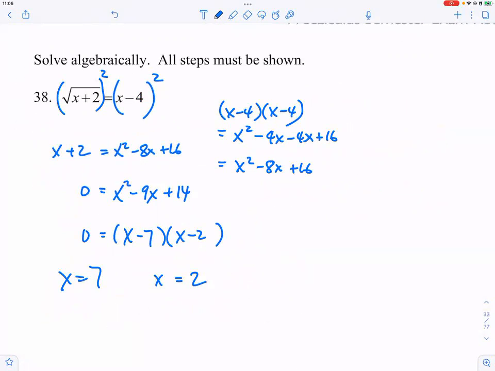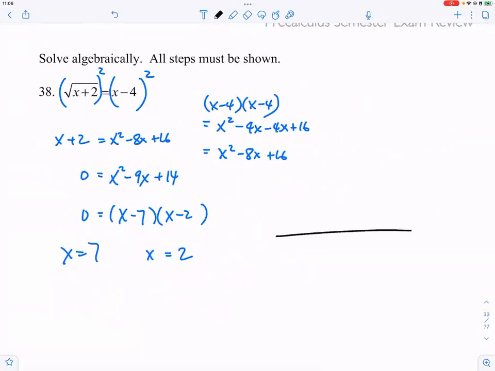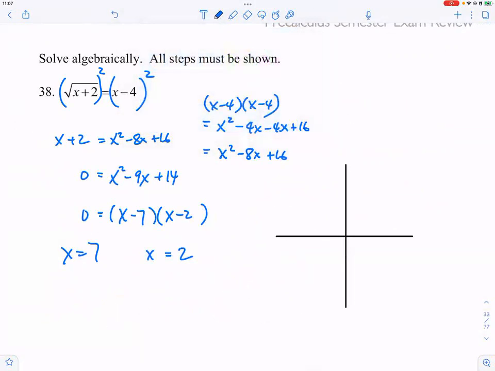Now, this is why I would say if you know how to graph, it would really give you a lot of benefits. We can graph square root of x plus 2, and then we can graph x minus 4, all on the same pair of axes.